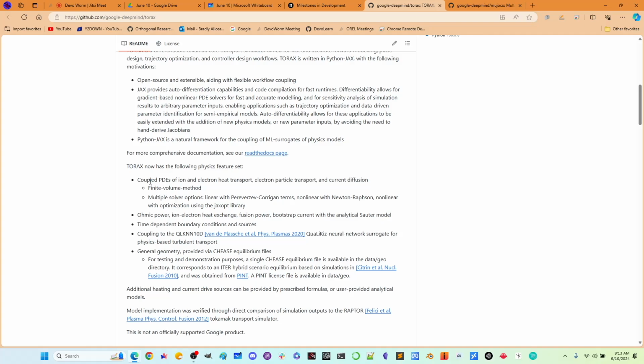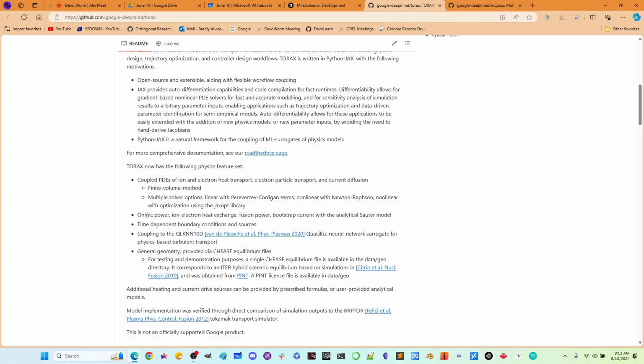They offer different types of physics in this package: coupled PDEs for ion and electron heat transport, electron particle transport, and diffusion of currents. They have finite volume methods and multiple types of solvers. So PDE solvers come in different flavors. You can use different ones depending on what you think is best.